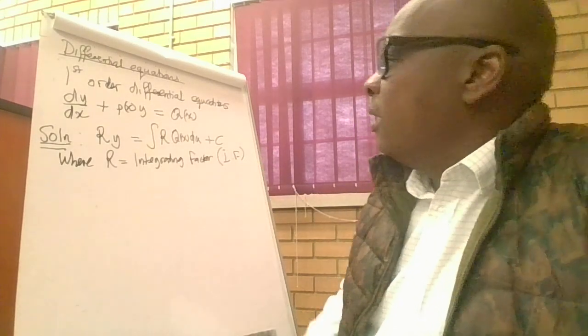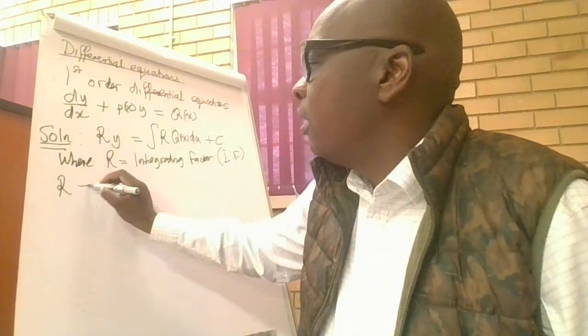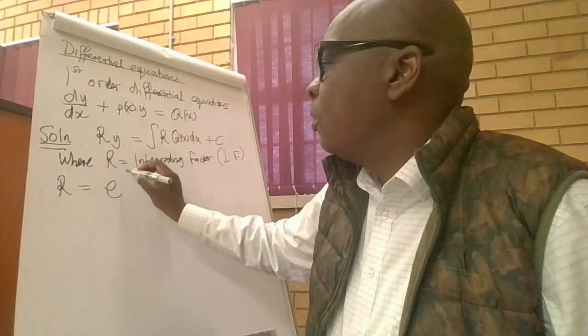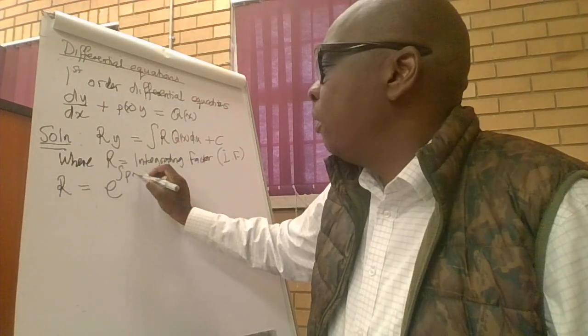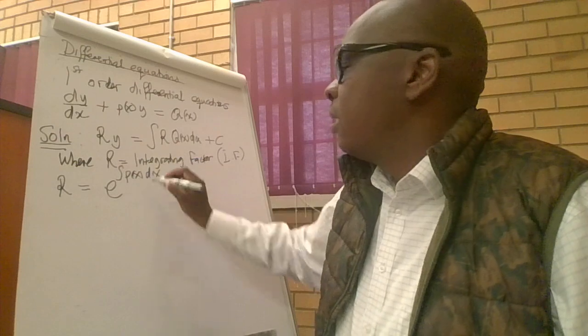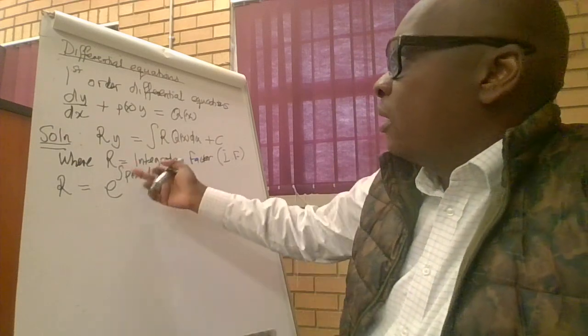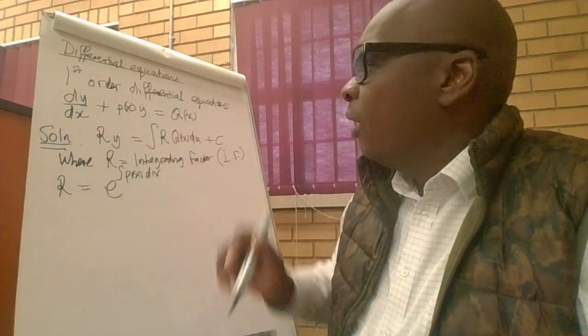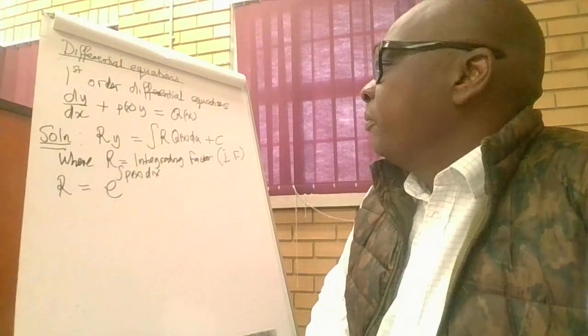And this integrating factor R is actually given by e to the power of the integral of p(x) dx, like that. And which p(x)? The p(x) that you find in our differential equation.